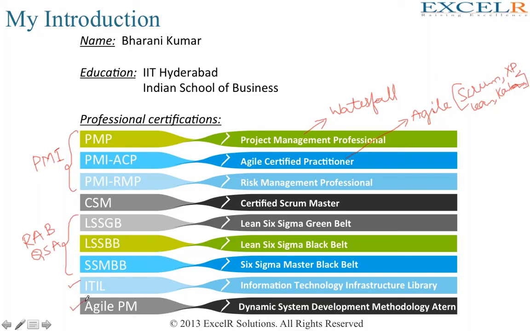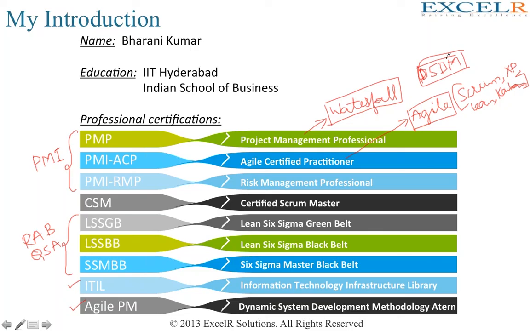I've done my Agile PM, which is the Dynamic Systems Development Method. Organizations which want to move from waterfall to Agile might want to check whether Agile will work well or not. So in between these two major methodologies, you have another methodology called DSDM Atern.